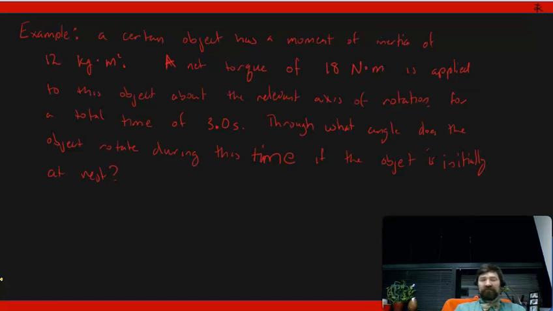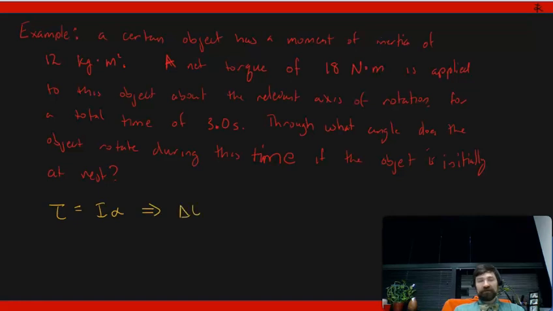And this torque is applied for 3 seconds. And so assuming that the object's initially at rest, meaning not rotating, what angle will it rotate through in those 3 seconds? So a constant value of torque will give me a constant value of angular acceleration.